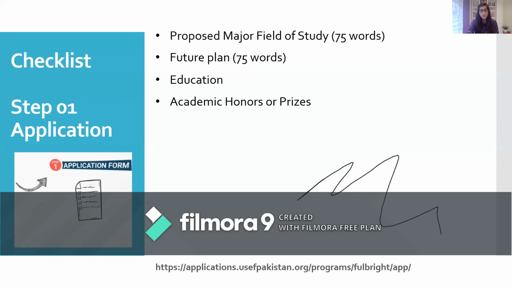Academic honors or prizes. So academically, if you have received any awards, this comes under that. There's another question where they ask about membership in professional societies. I would recommend that, if you haven't done it yet, you try to search for any societies which are either in your university or nationally acclaimed.